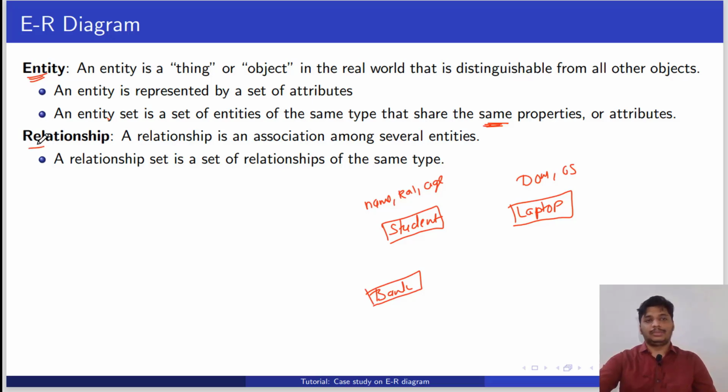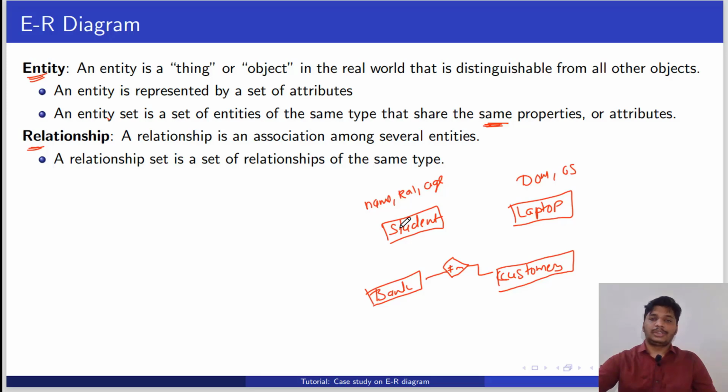Now what is a relationship? A relationship is an association among several entities. For example, here bank, and this is another entity, that is customer. The relationship between the bank and the customer is financial transaction.